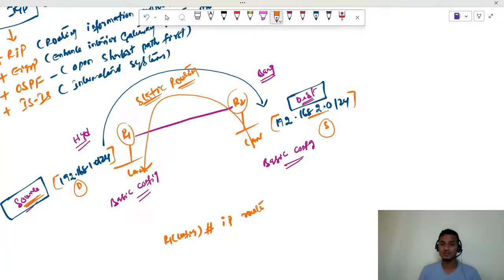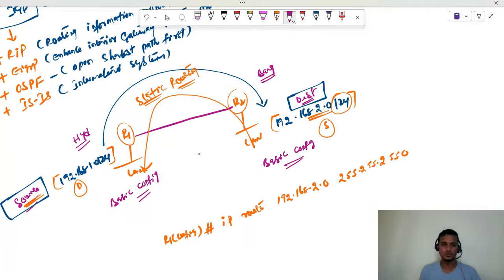So the destination network ID is 192.168.2.0, and the subnet mask of the destination is /24, so we mention 255.255.255.0.